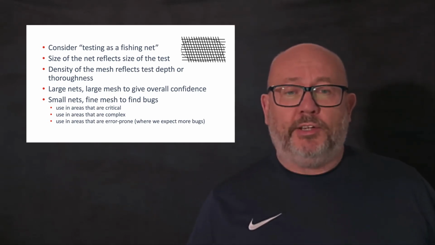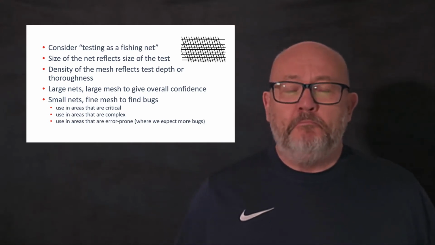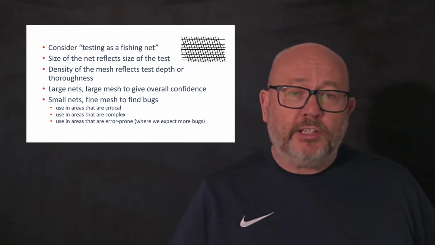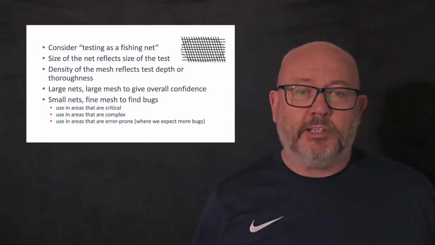So large nets, large mesh give some overall confidence, let's say, but in certain areas of the system which are error-prone and complex, we use a smaller net, a finer mesh to find the bugs.